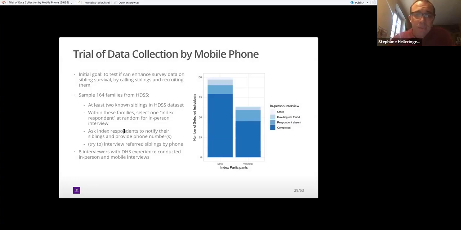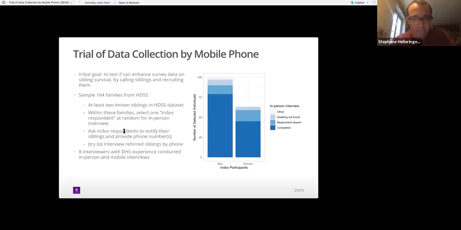So what we did is we sampled 164 families from the HDSS. We focused on families in which there were at least 2 siblings known to the HDSS, so that we could potentially link them to those data. And within these families, we selected one index respondent at random for an in-person interview.